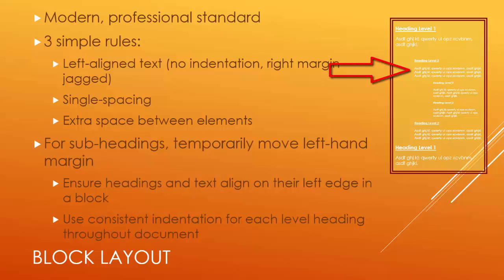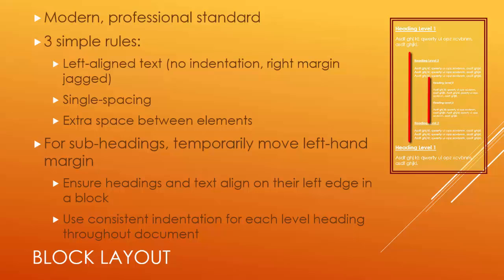For example, a series of subheadings and their text could be moved to a new left-hand margin ½ an inch in from the original left-hand margin. Sub-subheadings could be further indented. The key is that the headings and their text would still align in a block on their left-hand edge.